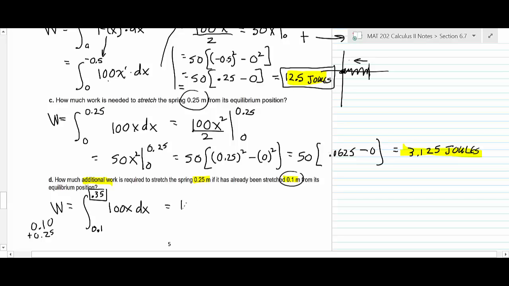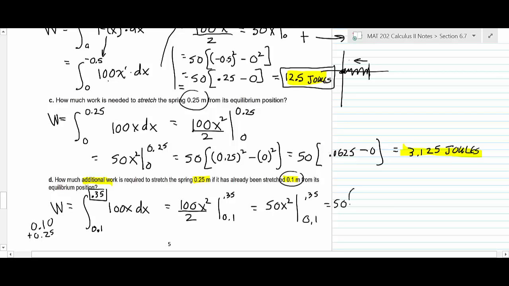So that would be 100x, evaluated from 0.1 to 0.35. That's 100 over 2, so the antiderivative is 50x squared, like we've been doing, evaluated from 0.1 to 0.35.